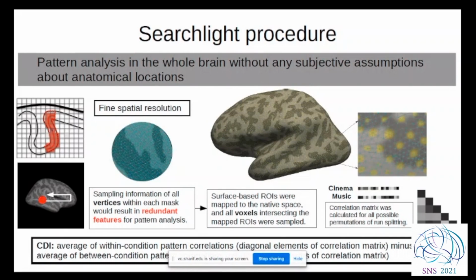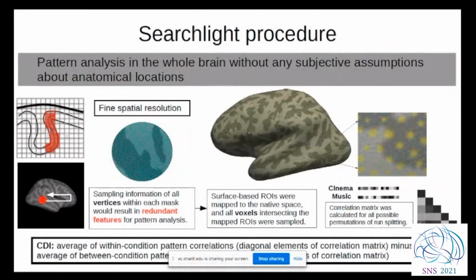And then we look at the pattern of activations across voxels within this searchlight ROI. And then we compute the correlation of activation patterns between odd and even runs. And we come up with a correlation matrix.